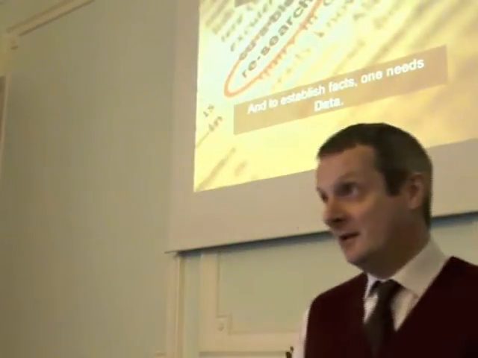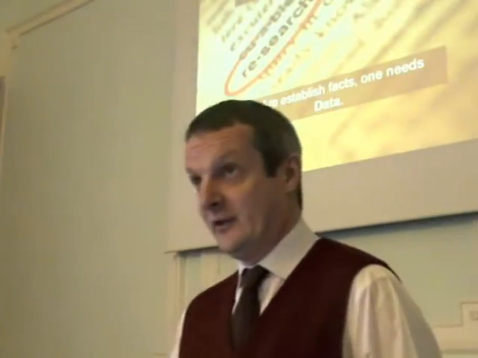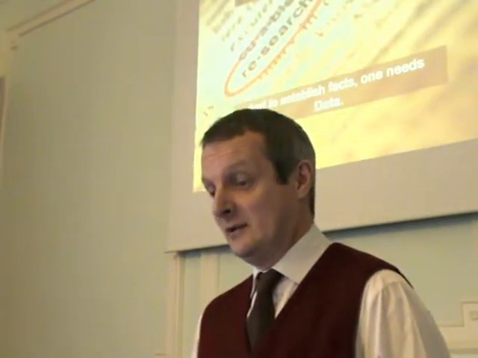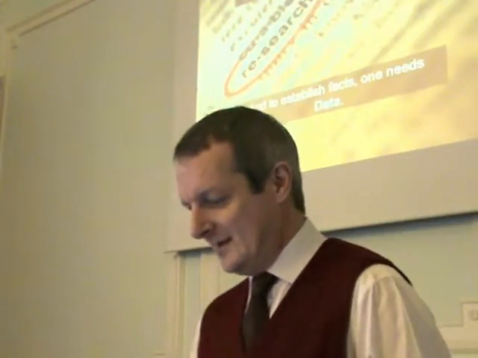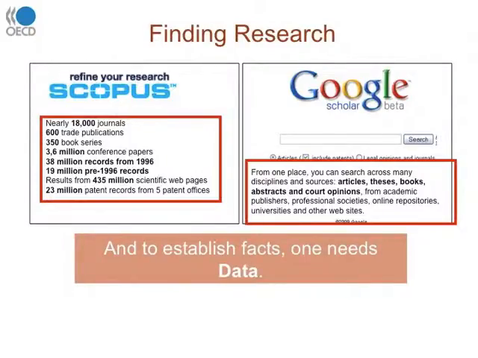If you think about the research community, research is all about finding knowledge, and to do that, you need some facts. So you actually need the facts. And this is how people find research. They go to Google Scholar, or they go to a specialist engine like Scopus.